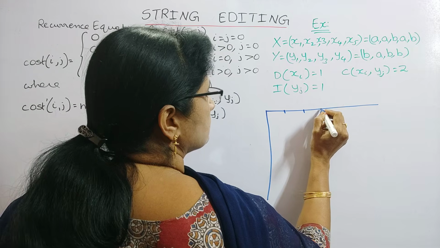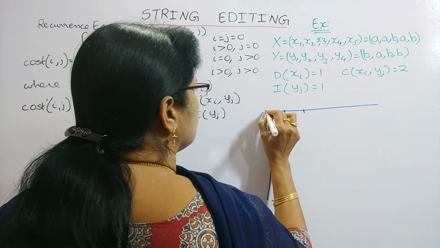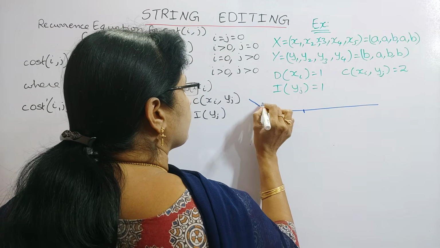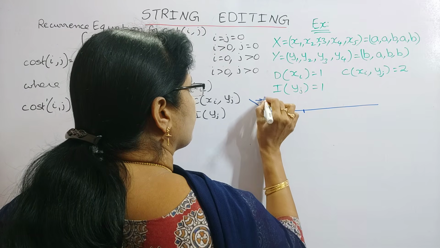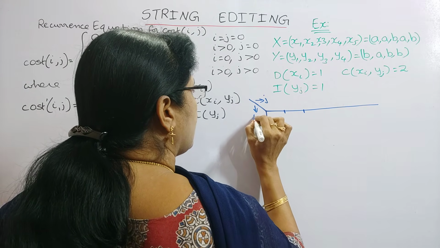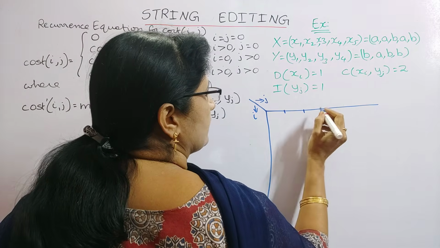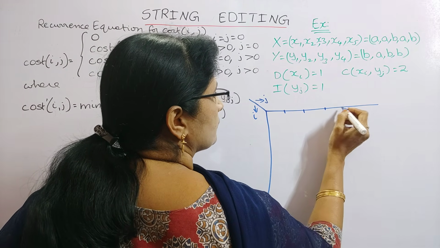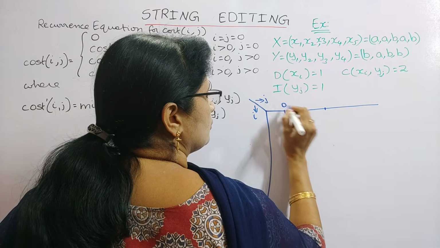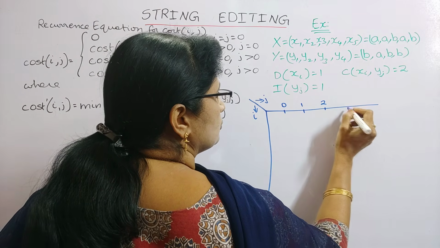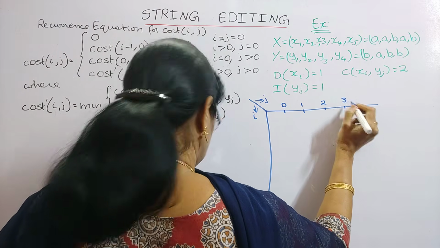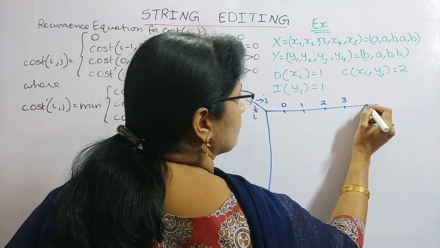This is J and this is I. So this indicates X and this indicates Y. So you will have 0, 1, 2, 3 and 4.